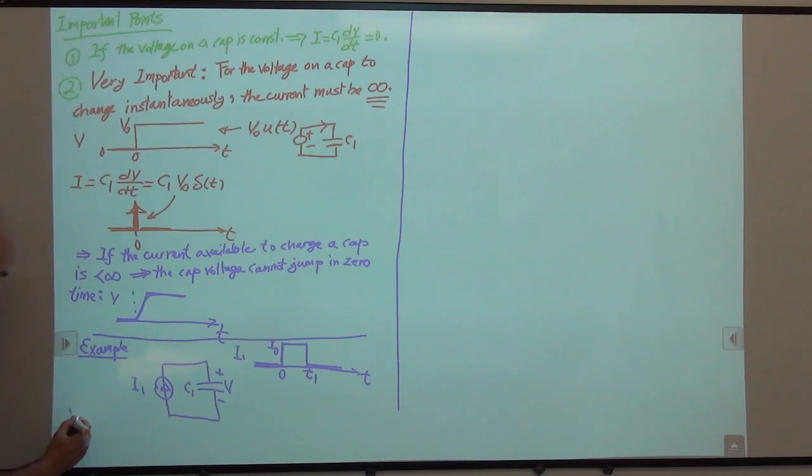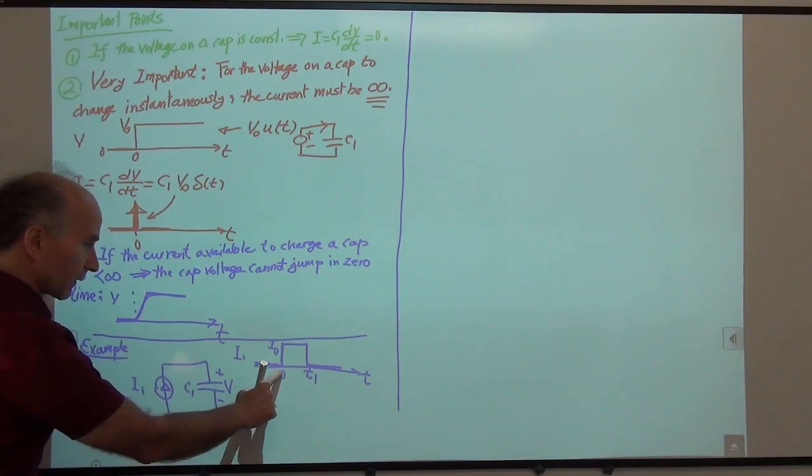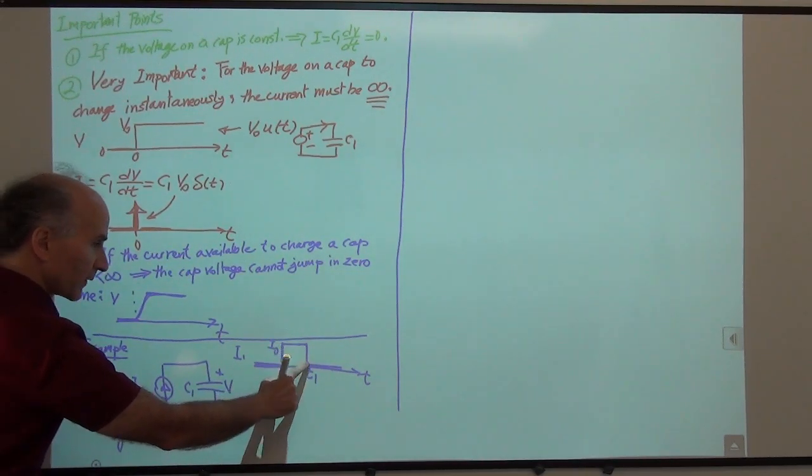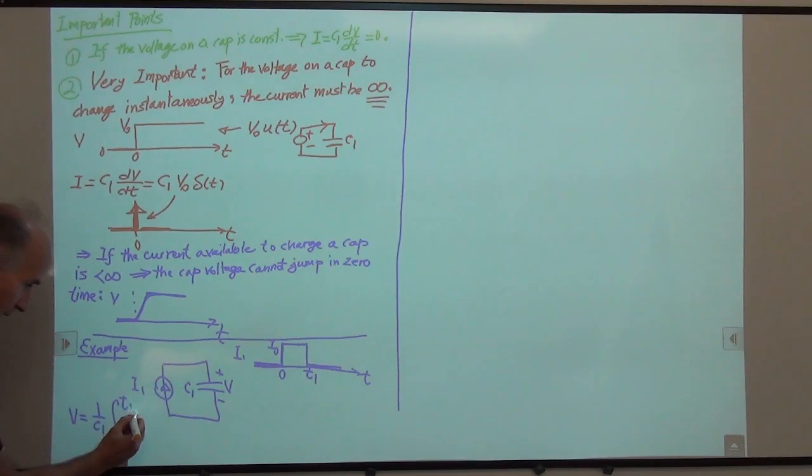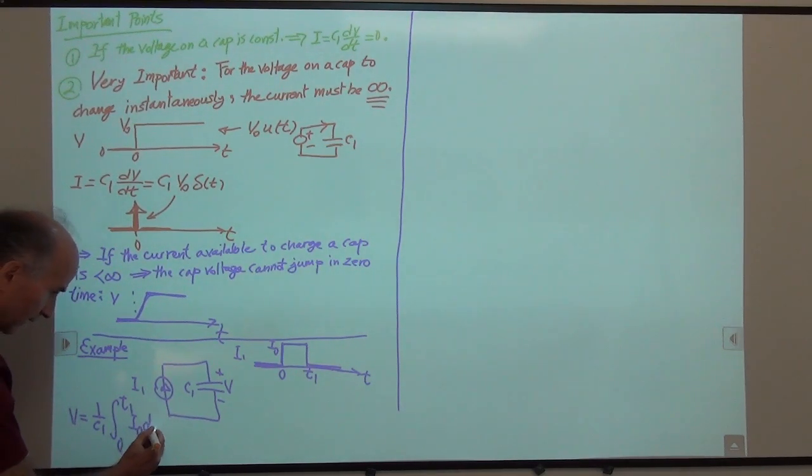So I say V is equal to 1 over C1 integral of 0 to T of I1. I1 looks like this, right? So it is I0 from 0 to T1. So this has to be T1, this has to be I0, and then this has to be dt.